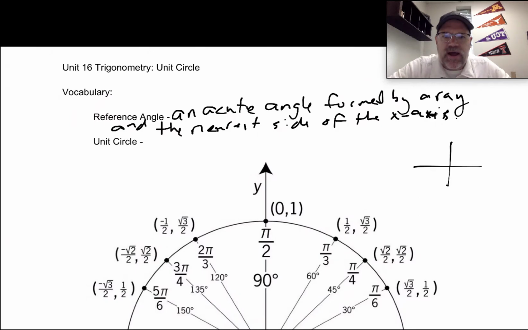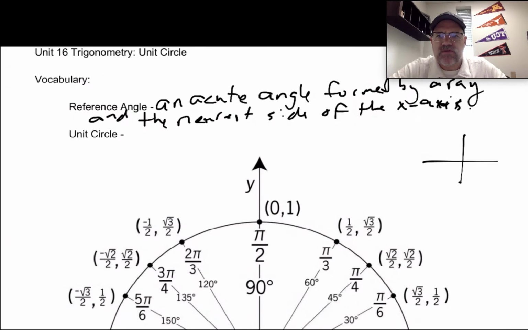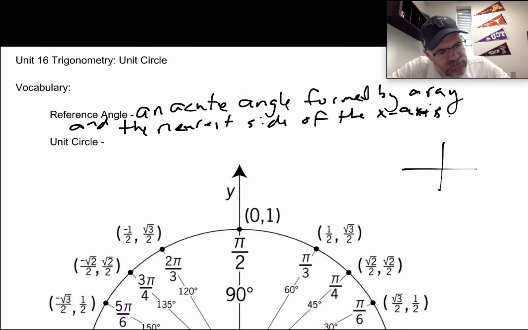Here's my XY. This is my x-axis. If I was measuring an angle here, I'll do it in red. If I'm measuring this angle here, I use the ray that I used to make the angle, and then the nearest x-axis. In this case, that would be the reference angle.